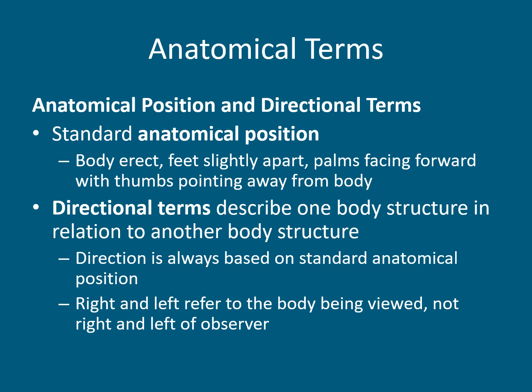We will use directional terms oftentimes to describe one area or one region or one structure as compared to another area, region, or structure of the body. When we use these directional terms, everything is based on the body being in this anatomical position. And just so you know, when you talk about right or left, it's of the patient, not yours.